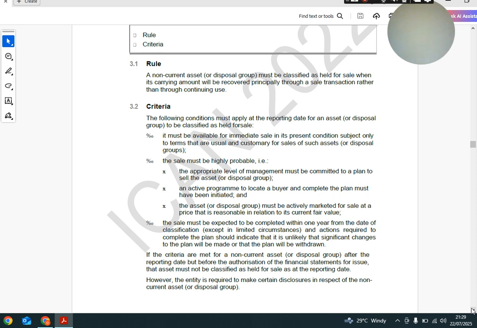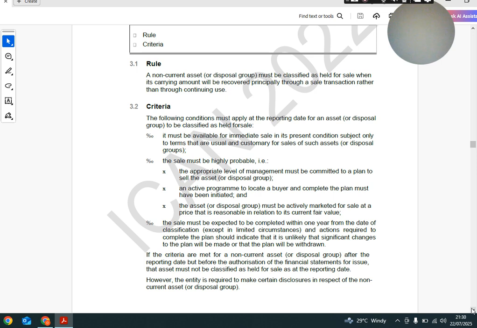Number two, an active program to locate a buyer must have been initiated, like marketing campaigns, making publicity about selling the asset.